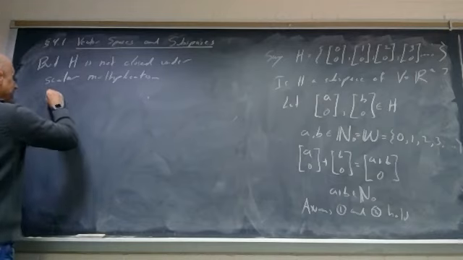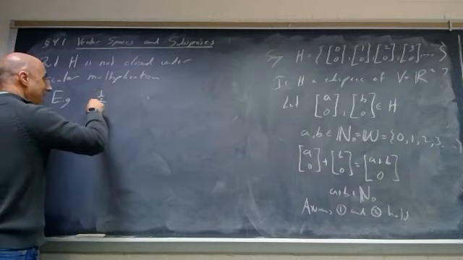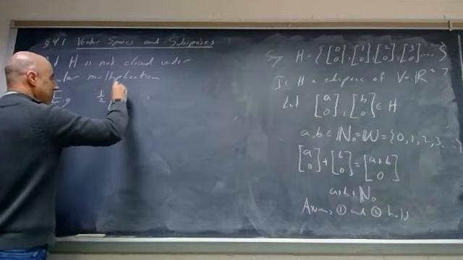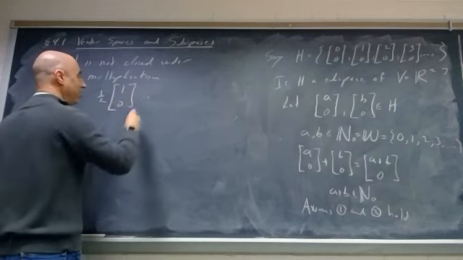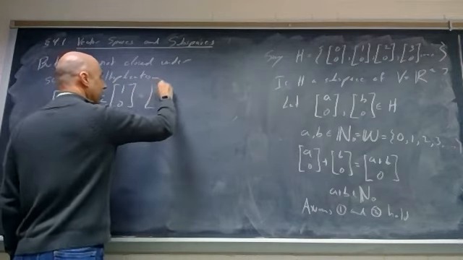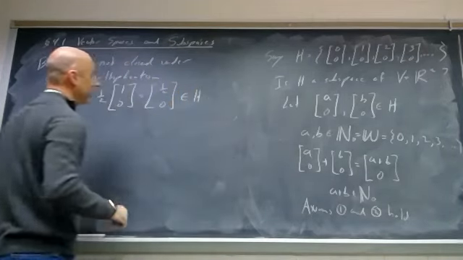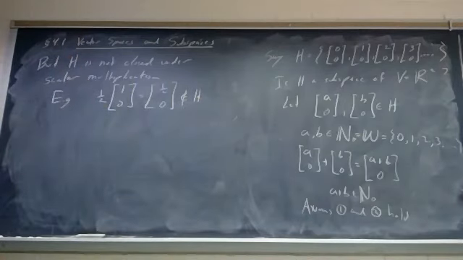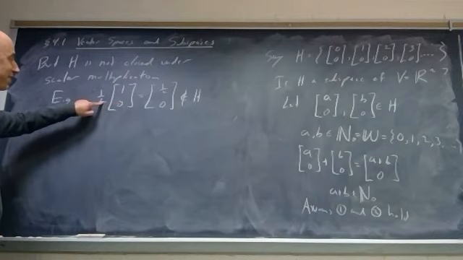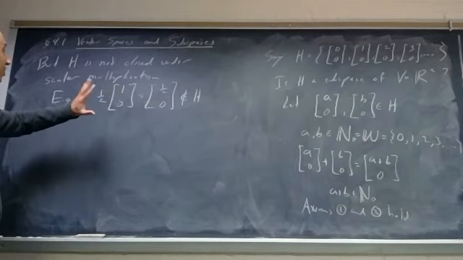For instance, 1/2, which is a perfectly nice real number, times (1, 0), and this is in H, equals (1/2, 0), which is not in H. Oops, not in H. So we start off with something that is in H, you multiply it by a scalar, and you get something that's not in H. So it's not closed under scalar multiplication.